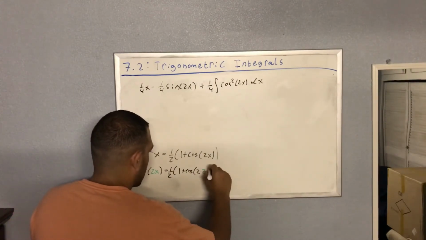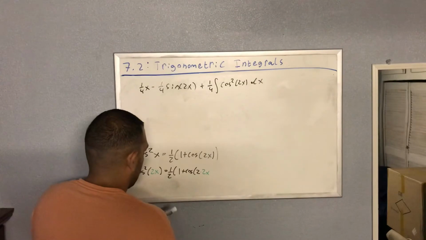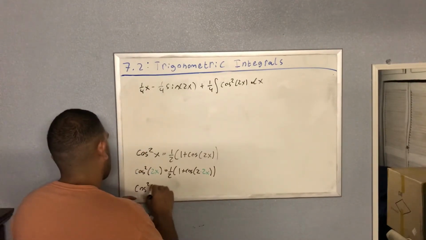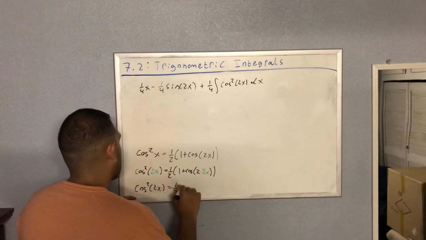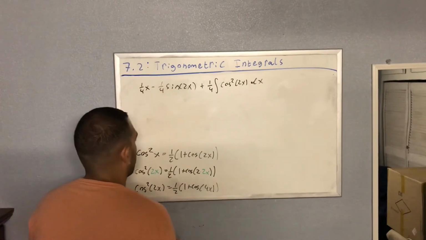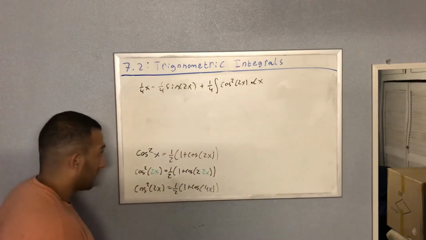So 2 times 2x. Which tells me that cosine squared of 2x is actually 1/2 times 1 plus cosine of 4x. And so we're going to use this over here.